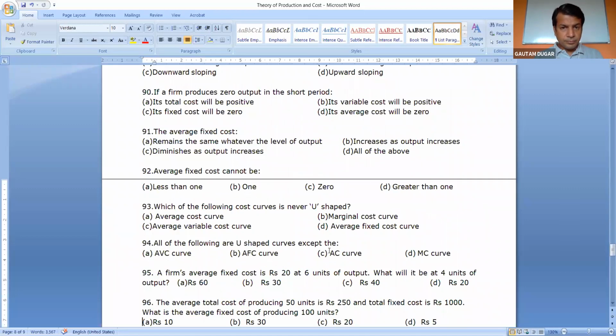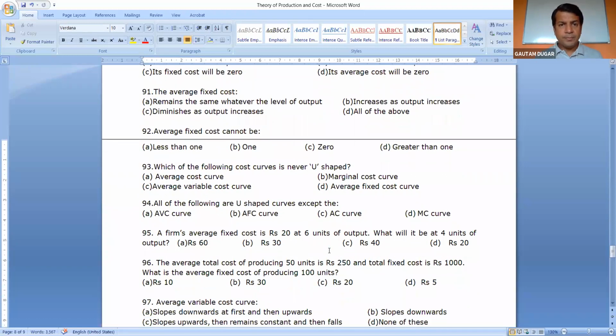So, question number 91, the average fixed cost. Now see what should be the answer for 91.